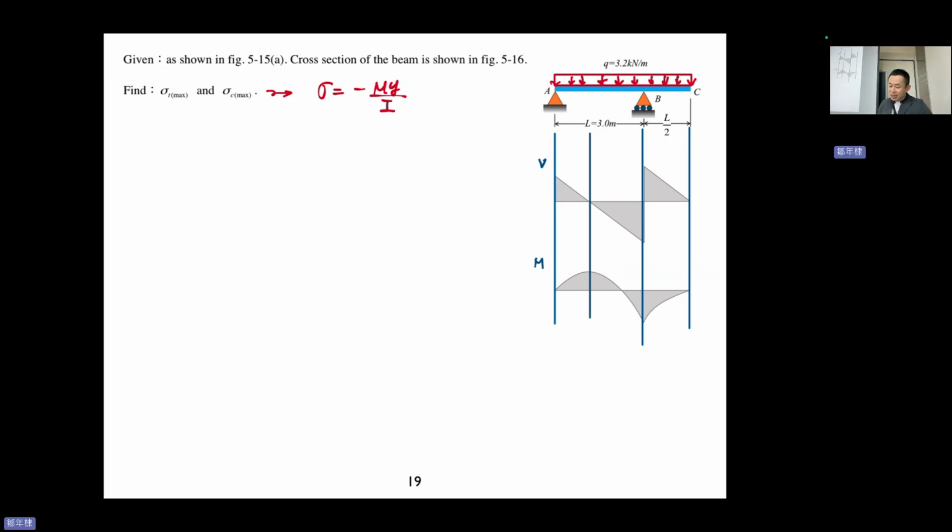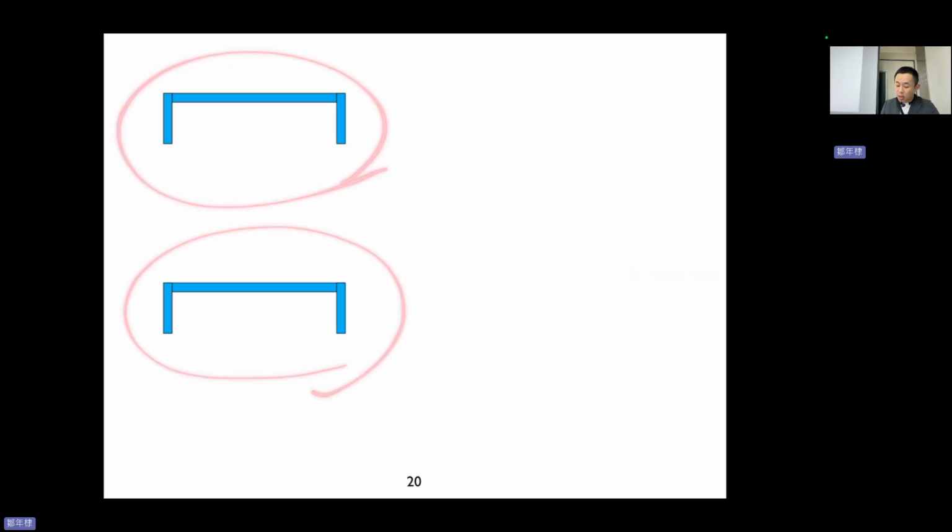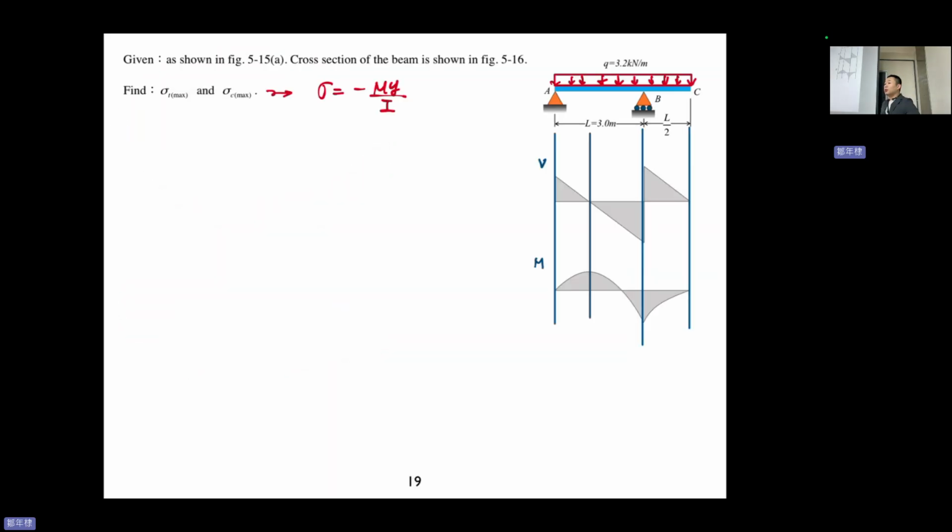Oh, the cross section is on the next page. Ta-da! The cross section looks like this. It is a very complicated cross section, but it is prismatic, so this I is fixed from point A to point B.